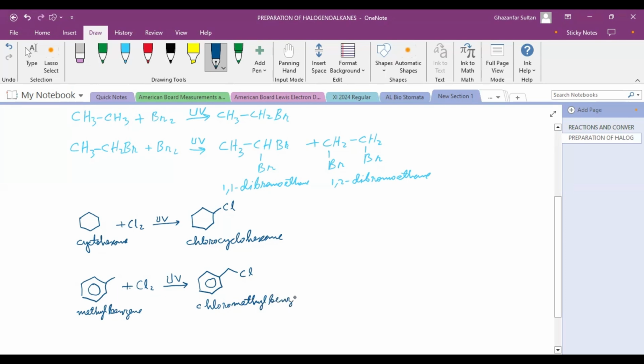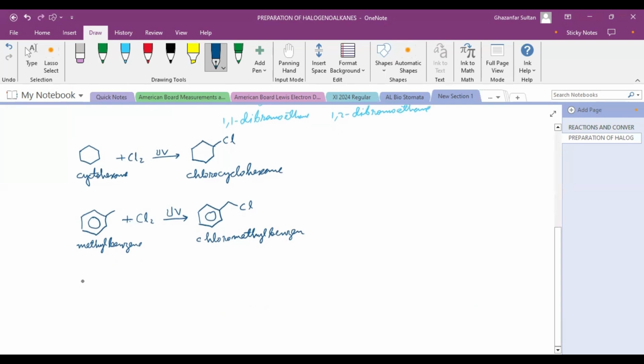And if there is ethyl benzene, then in ethyl benzene two isomers are possible, either you react it with chlorine or bromine.